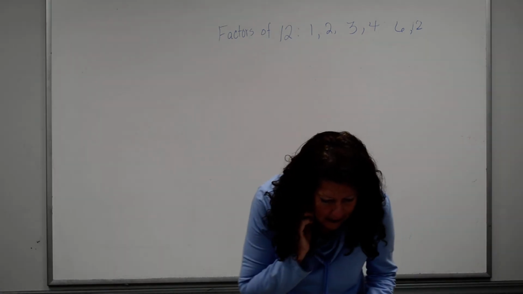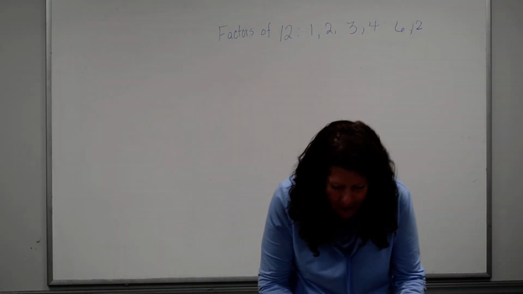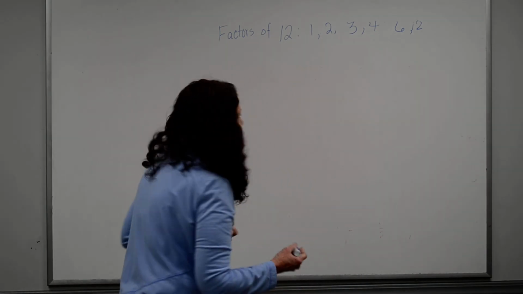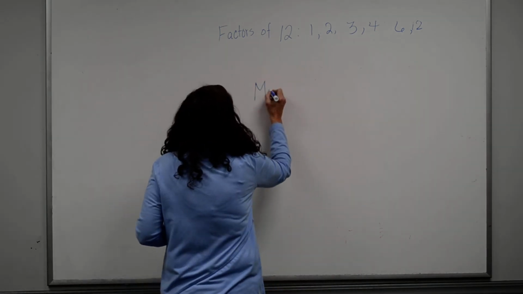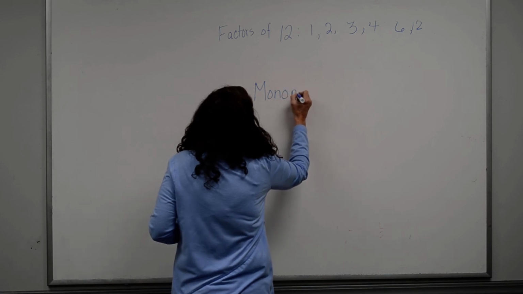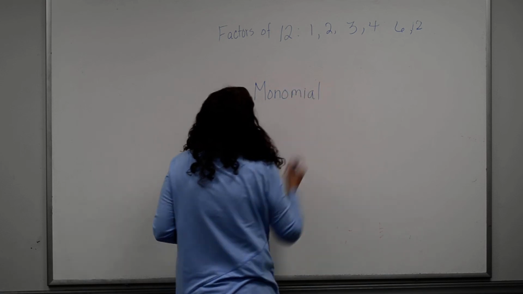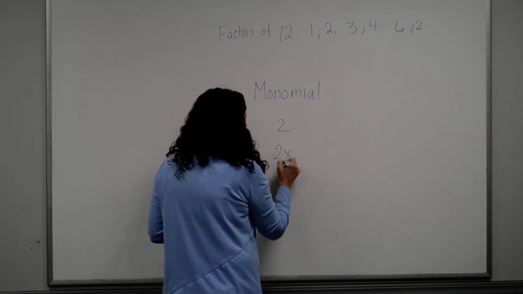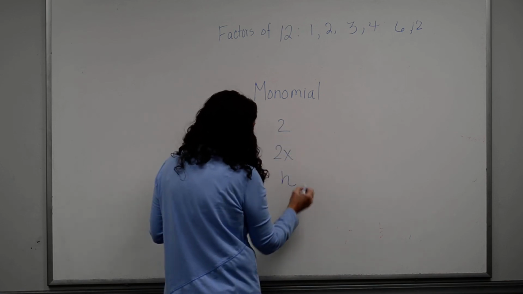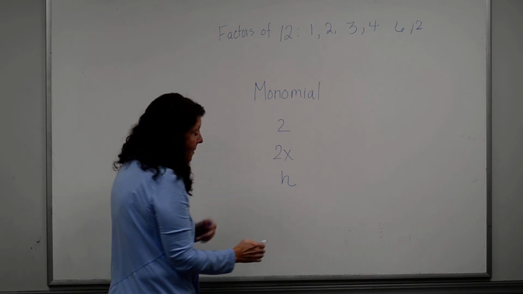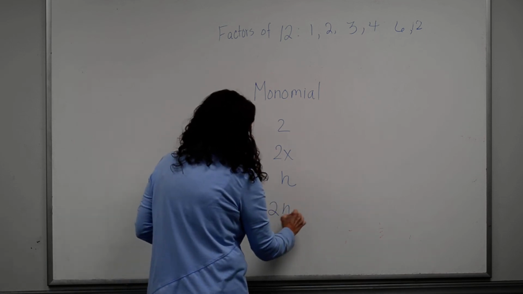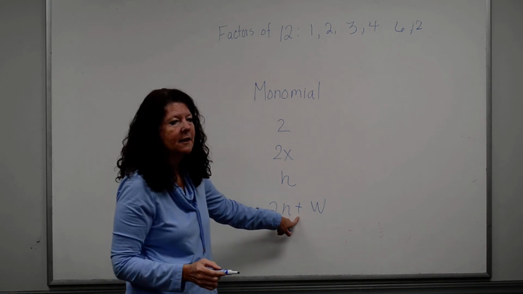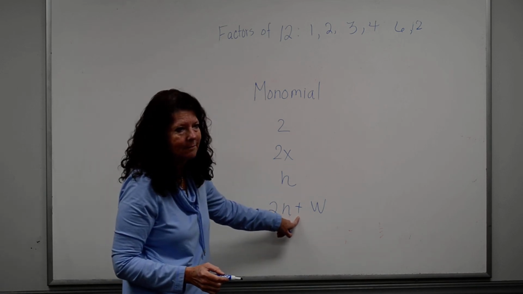So we talked about that in the first section, but then we also talked about what made something a monomial. If you remember right, a monomial can be a number, a letter, just a letter. What it cannot be is something that has a plus sign or a minus sign in it.